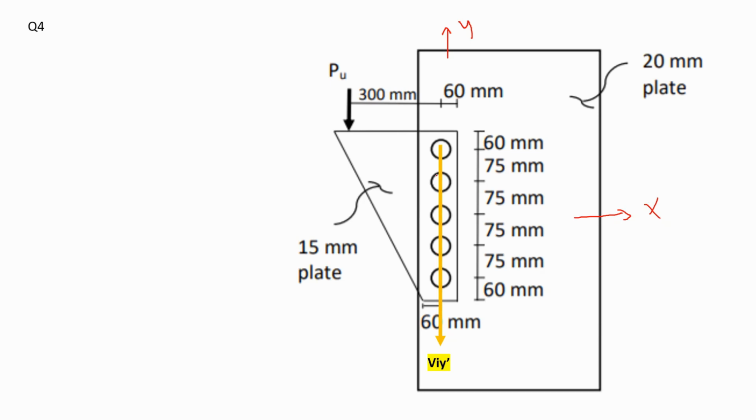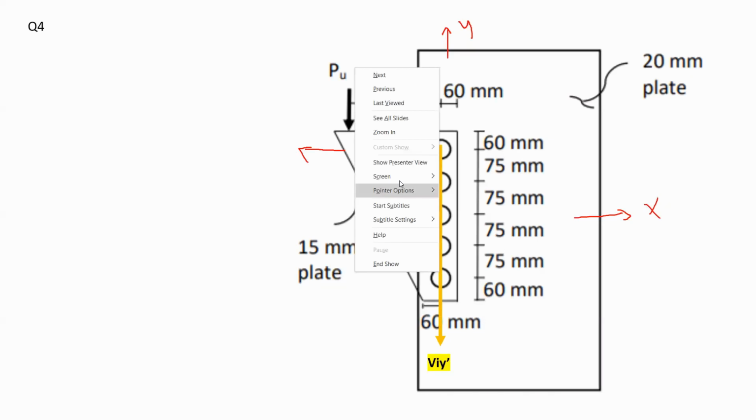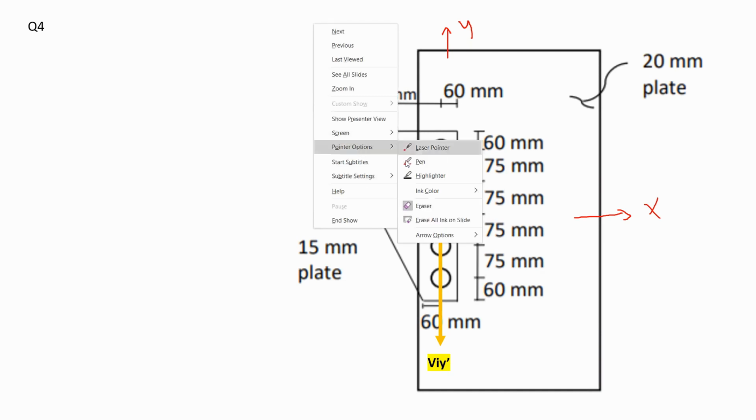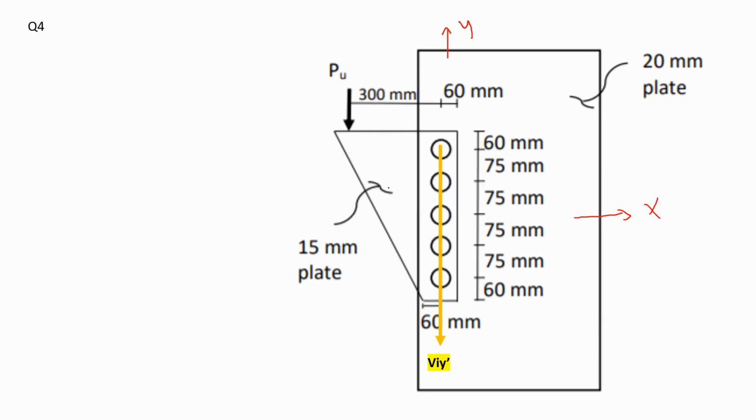Okay. Now ask yourself, do I have any force that causes an effect in the X direction directly? I don't have any kind of force like this. So my VIX dash would be equal to 0. Now, if we consider other kinds of effects by the force PU, we find that it might cause a torsion on the bolts.